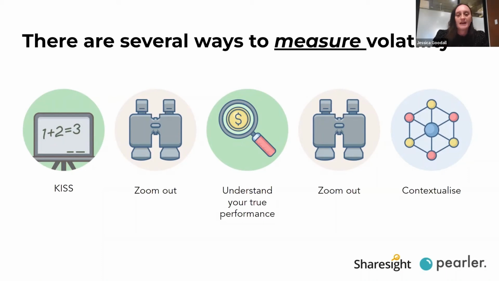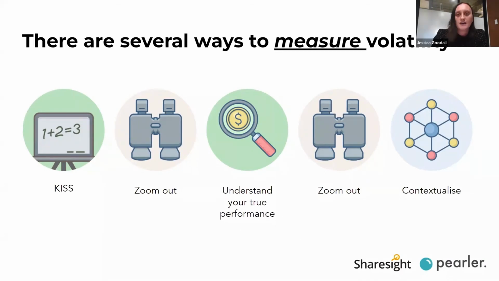And then zooming out again to make sure that I really am contextualizing what I'm seeing when it comes to the volatility of a particular asset or industry or group of securities, to really truly understand volatility within my own investments and how that fits within my own circumstances.